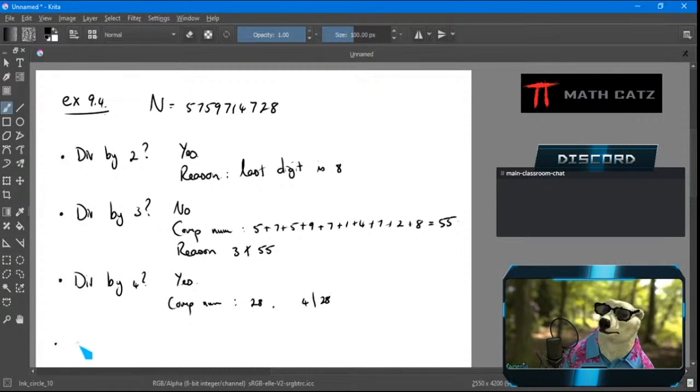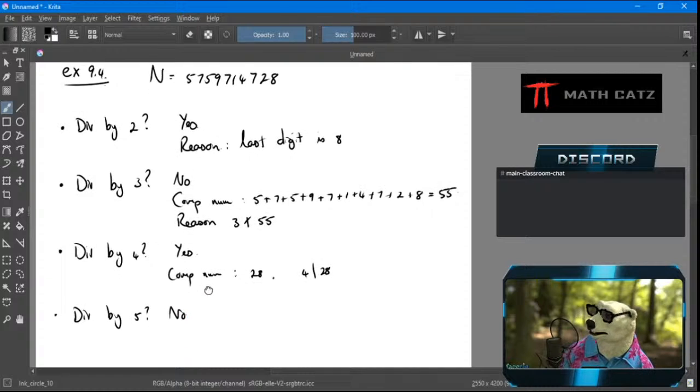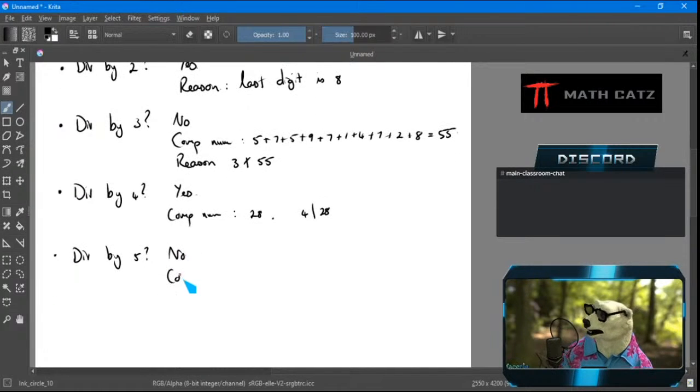Next up, divisible by 5. That'll be a no. My comparison number is the last digit. It is an 8, which is not a 0 or a 5.